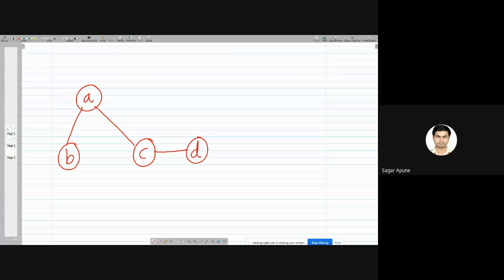Okay. So we can define graph. Graph is a collection of different vertices which are connected to each other.